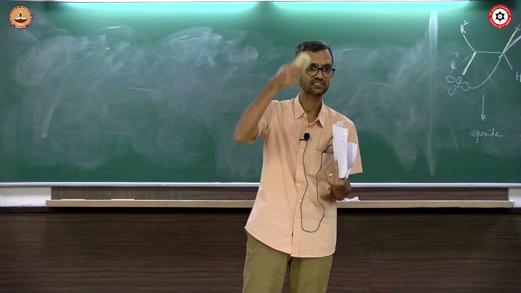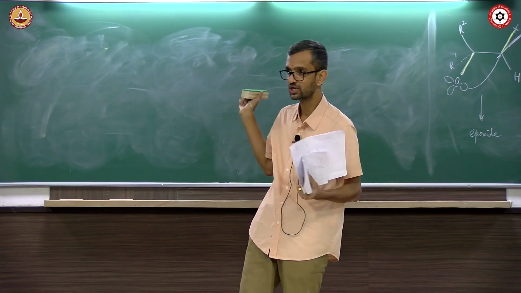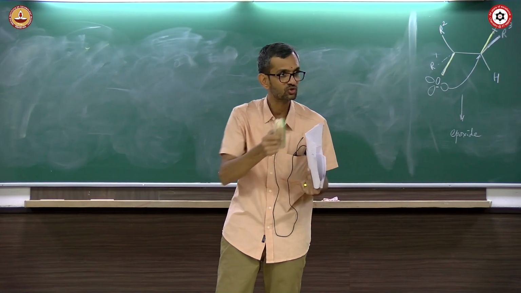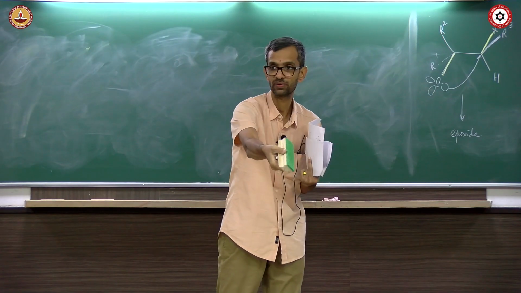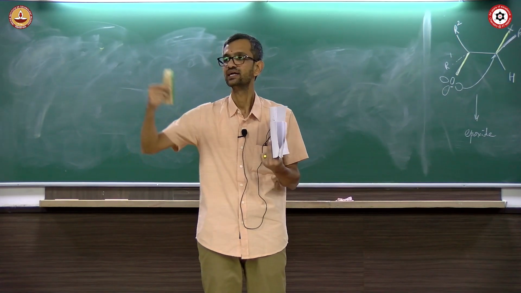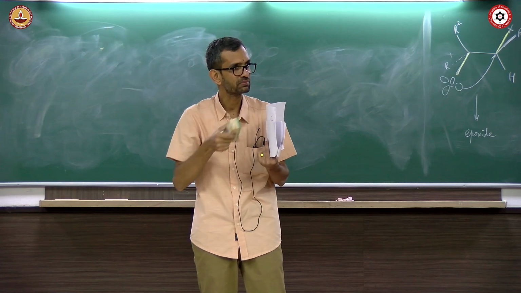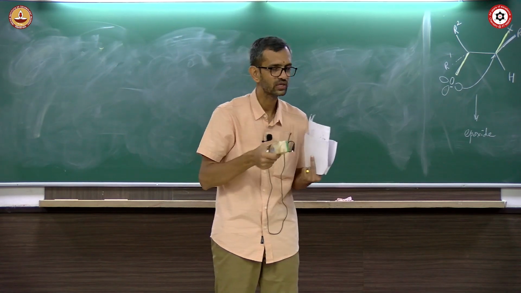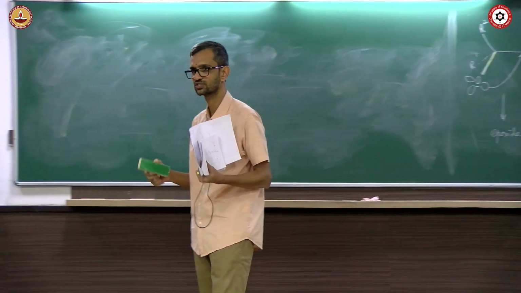Now with the assistance of the electron pair, you will know why a certain group migrates and not the other group on the other side. Only one particular group migrates, and the leaving group should be anti-periplanar to the migrating one. Those are the only successful ones.